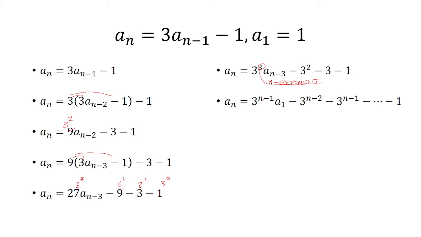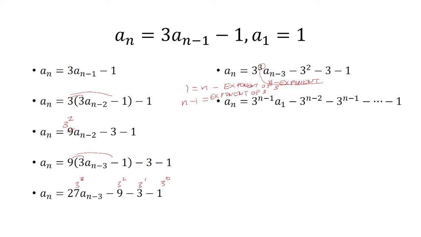Okay, so if this is 1, so 1 is going to be n minus the exponent of 3. So that means the exponent of 3 is n minus 1. So this is n minus 1, this is 1.